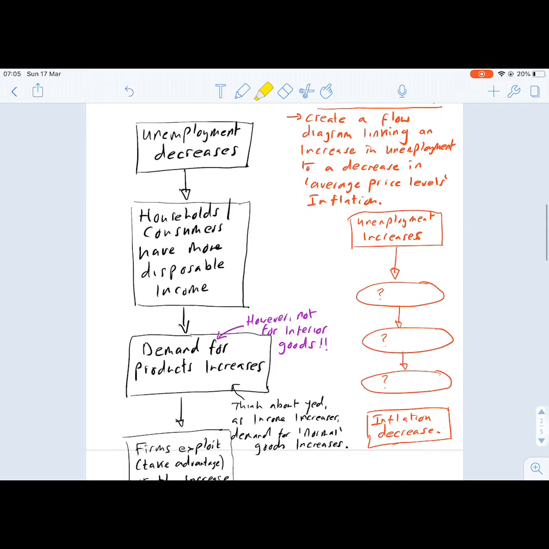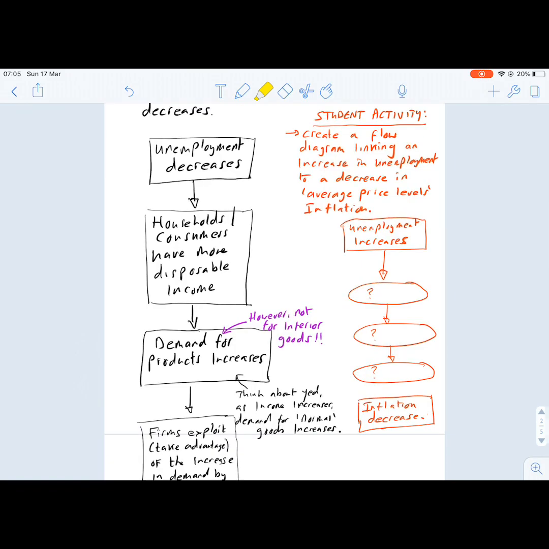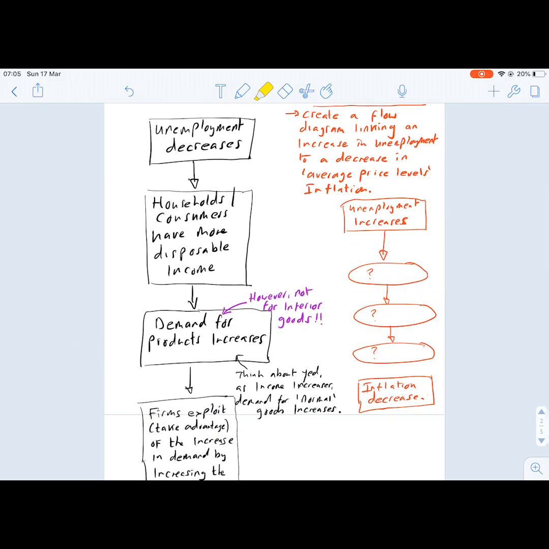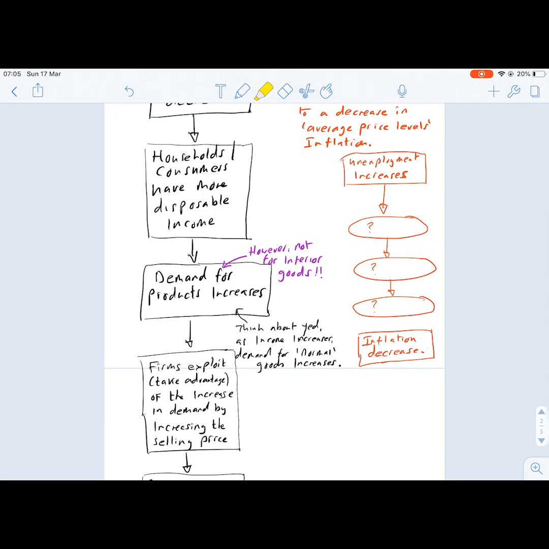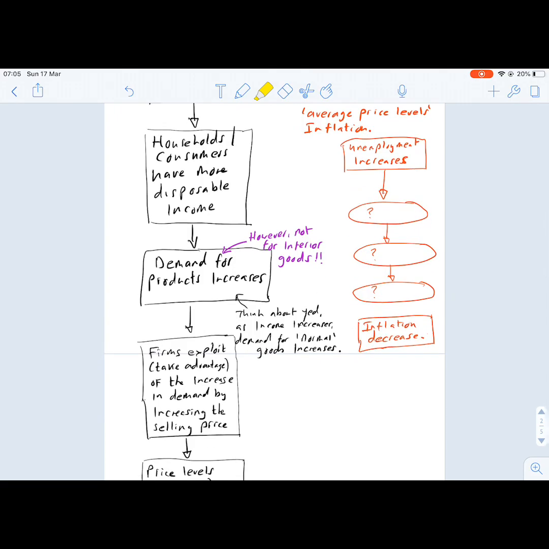Now let's do a little link to explain why. So here, unemployment decreases, households, consumers have more disposable income, demand for products increases. Think about YED here, income elasticity of demand. As income increases, demand for normal goods increases. However, a nice little evaluation point you can put in here is if people earn more money, the demand would not increase for inferior goods, such as basic foodstuffs.